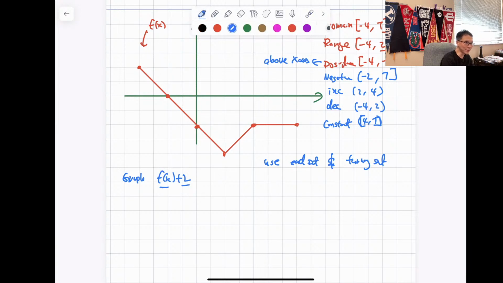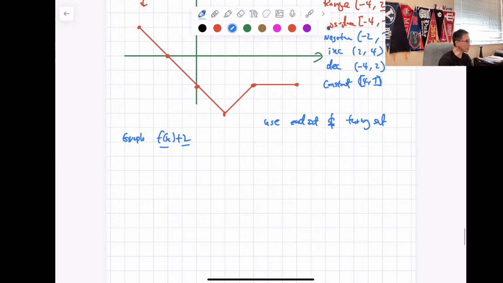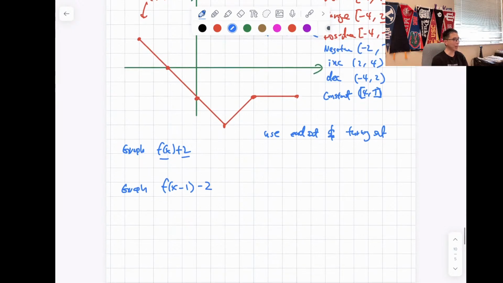Now, what if I ask you to graph f of x minus 1 minus 2? So I'm going to use this graph to graph f of x minus 1 minus 2. Take every turning point and every endpoint and follow the instruction they told you to do.